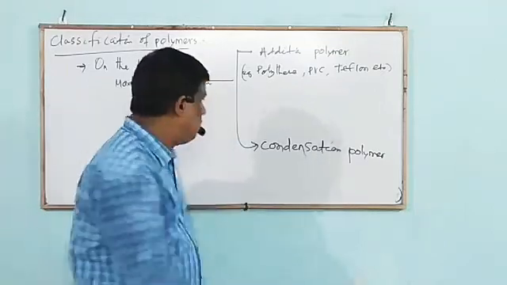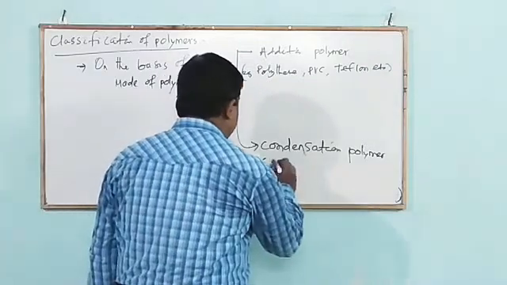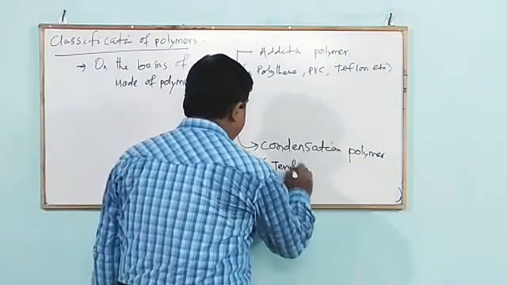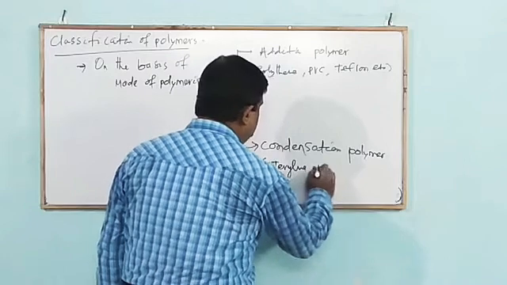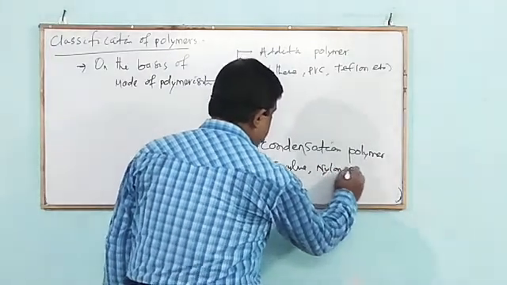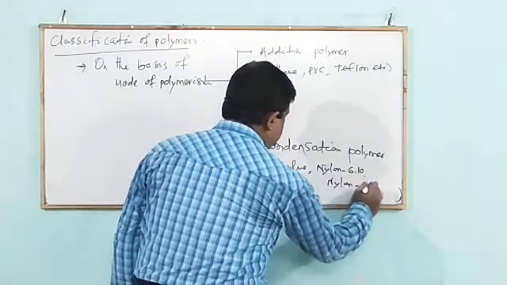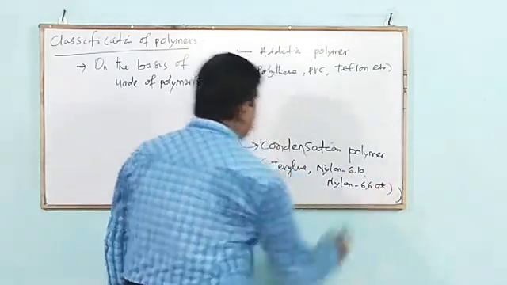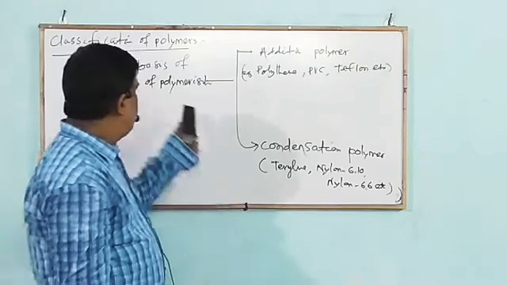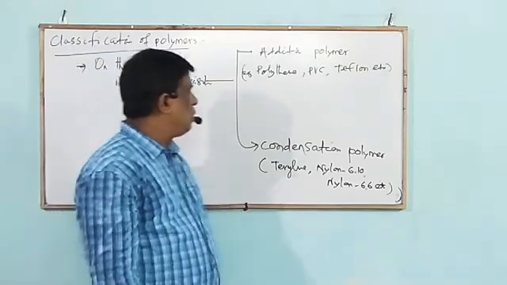For example, Terylene or Dacron, nylon 6,10, nylon 6,6, etc. On the basis of mode of polymerization, polymers are two.